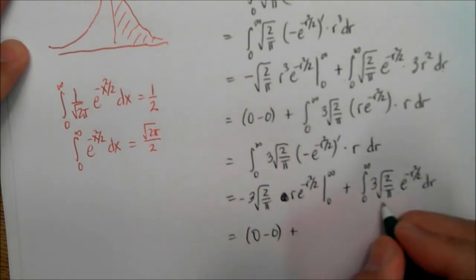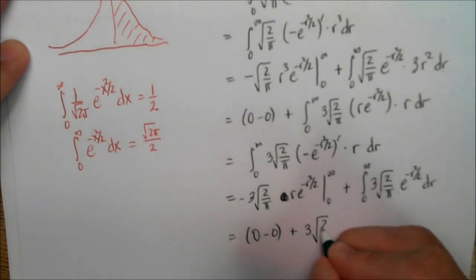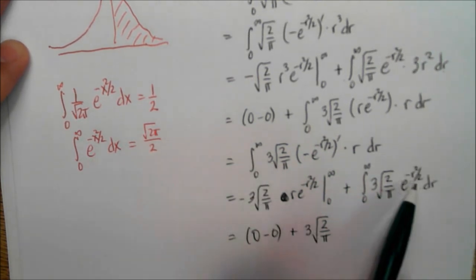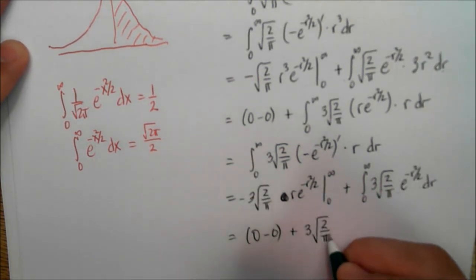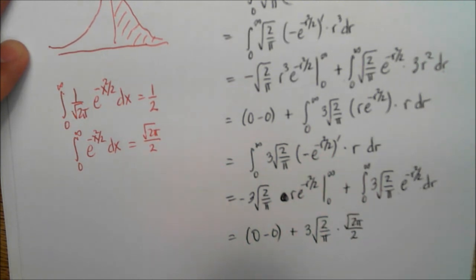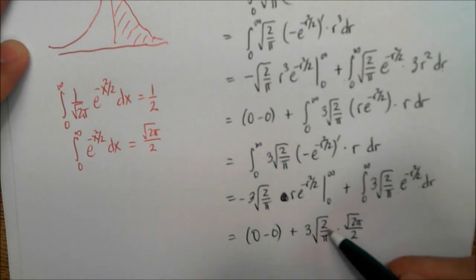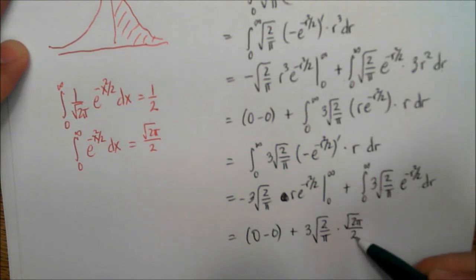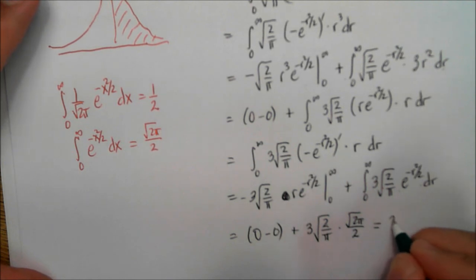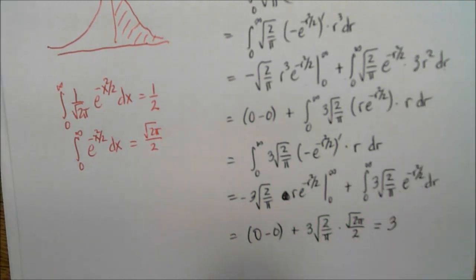So the last term here is going to be 3 times square root of 2 over pi. And the only difference is that I have an x instead of an r, but the dummy variable doesn't matter. And I just simply multiply by square root of 2 over pi times 2. And so square root of 2 and 2 cancel. Square root of pi and square root of pi cancel. And so I end up with simply 3. And that is the expected value of r squared.